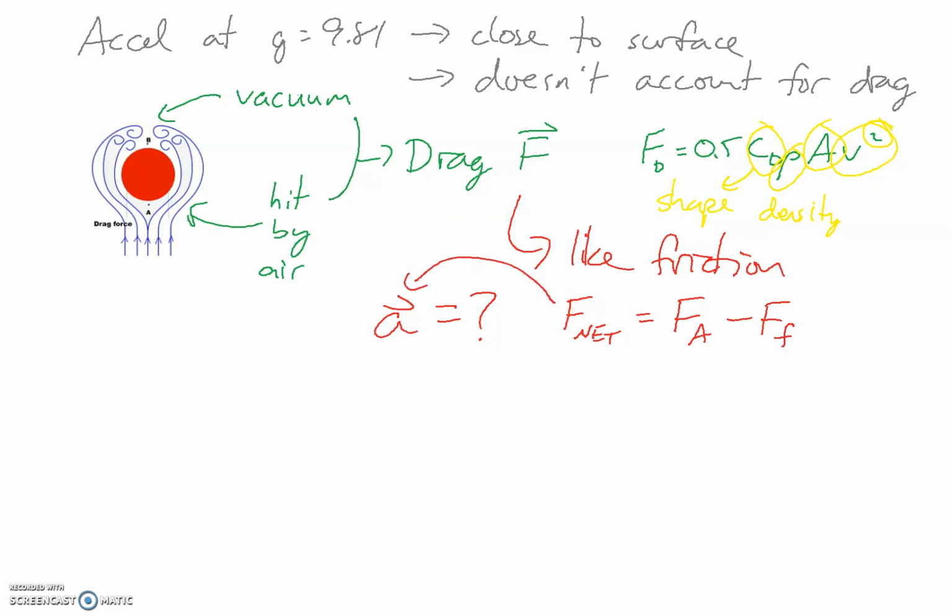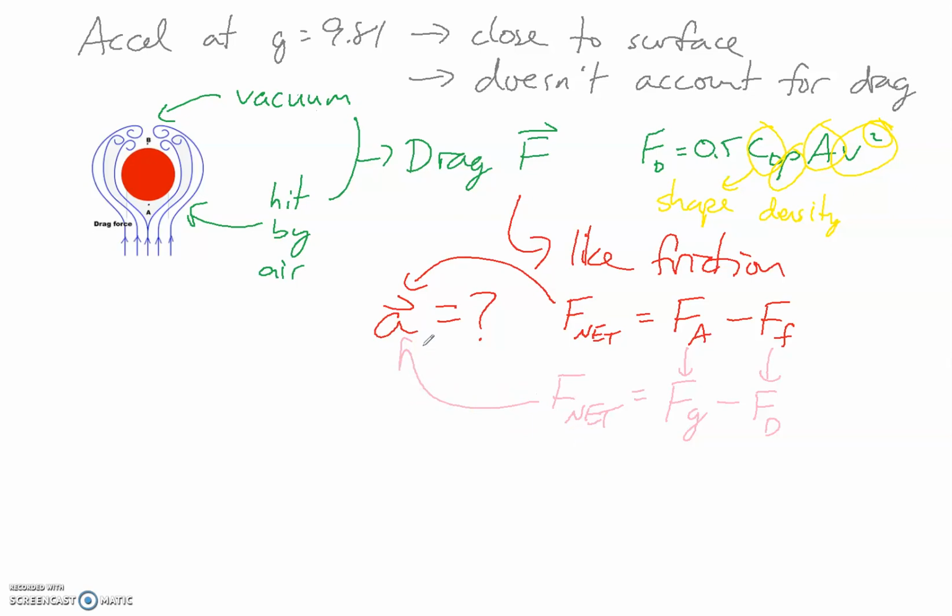Well, same idea for free fall. You'll want to know the net force on the object. The applied force for something falling is just the force of gravity. Gravity is what's pulling it down. And friction for this type of thing comes from drag, so that would be the force of drag. If you know the force of gravity and you subtract the force of drag, you can calculate your net force, and then you can calculate the acceleration of the object.